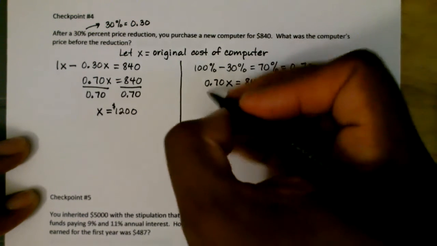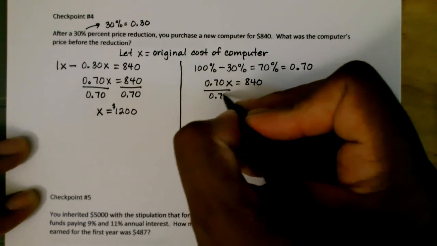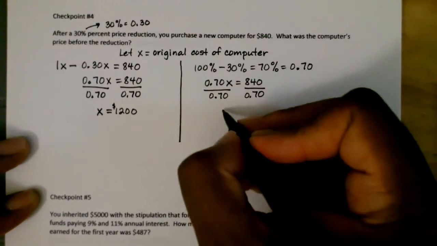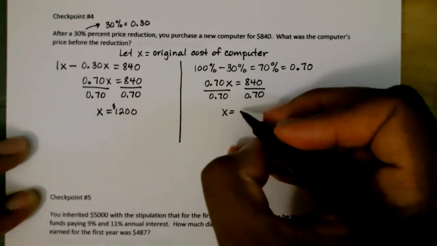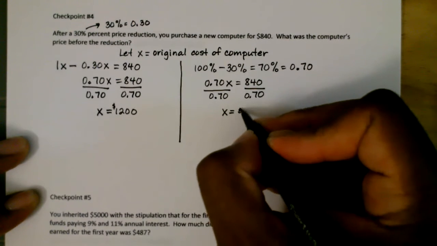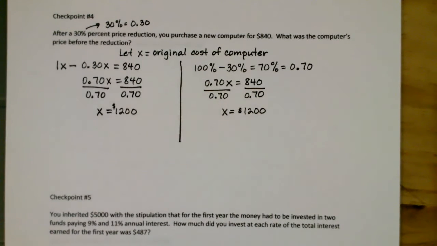And then next, divide both sides by 0.70. That will give you X is equal to $1,200. So here the computer's price before the reduction was $1,200.